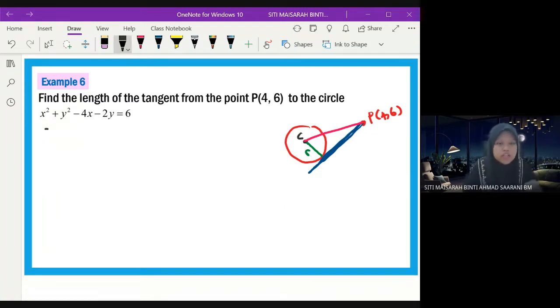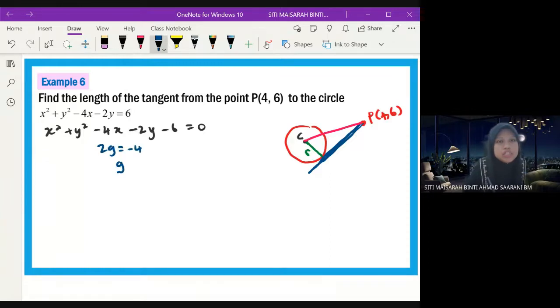So x square plus y square minus 4x minus 2y minus 6 is equal to 0. So center ini kena cari. 2G sama dengan negatif 4, G sama dengan negatif 2, 2F sama dengan negatif 2, F sama dengan negatif 1.